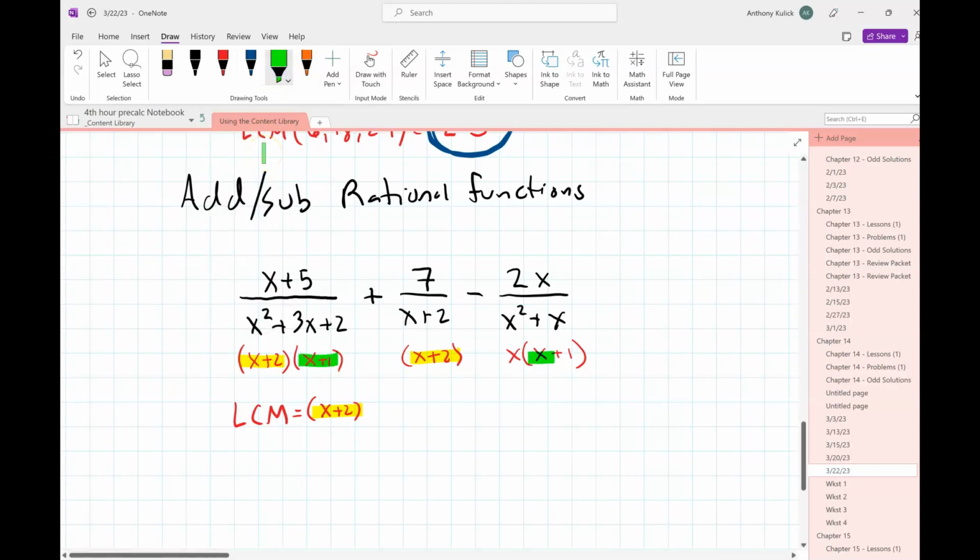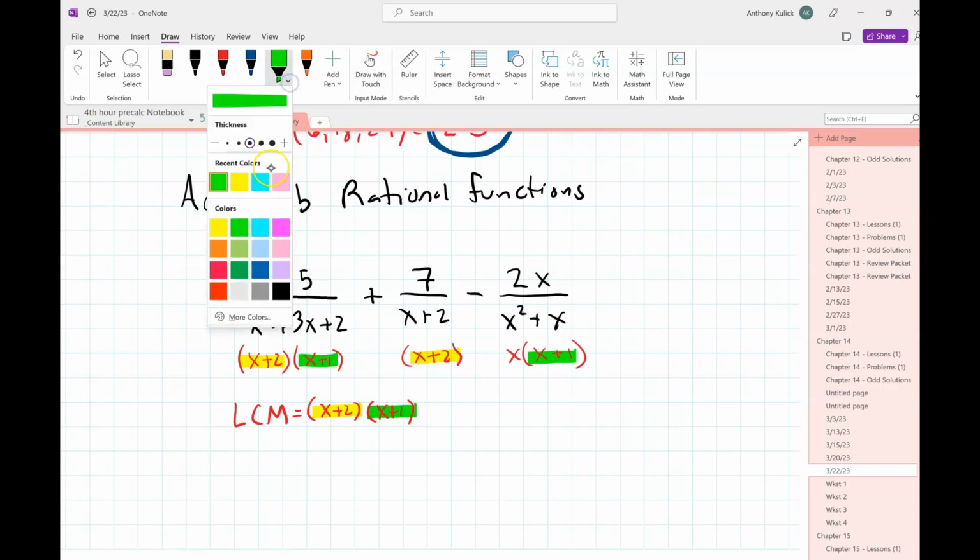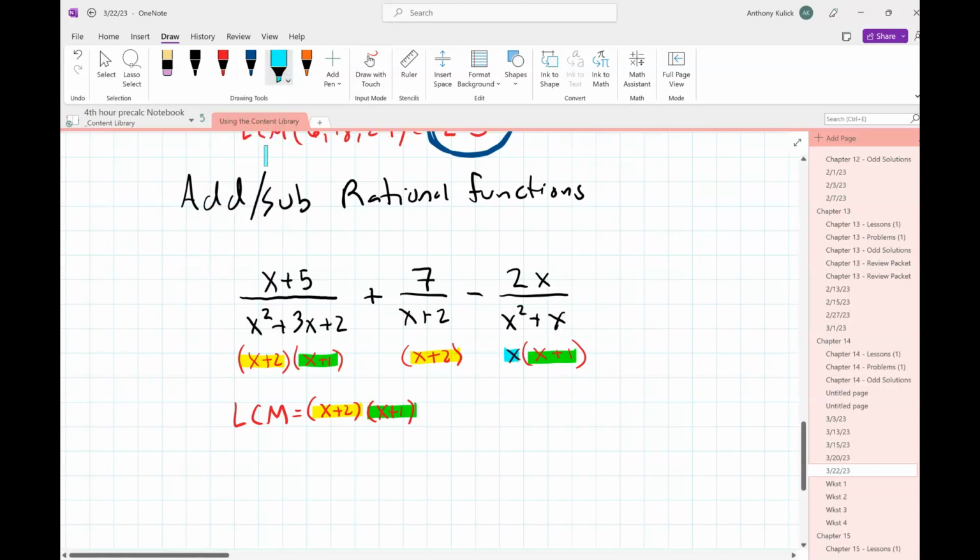We see an x plus 1. And we see an x. Everybody okay with that?